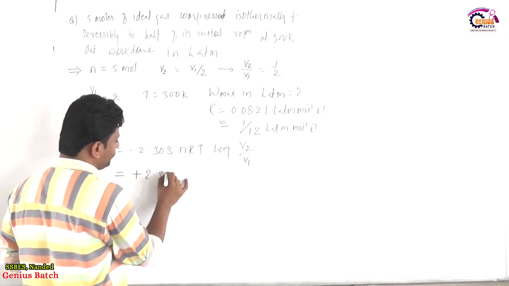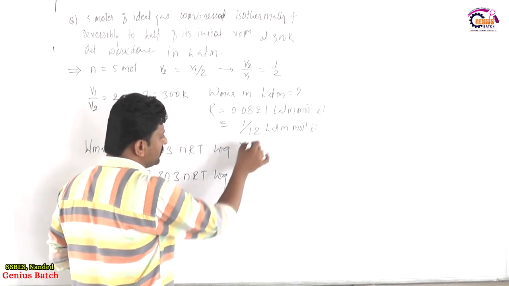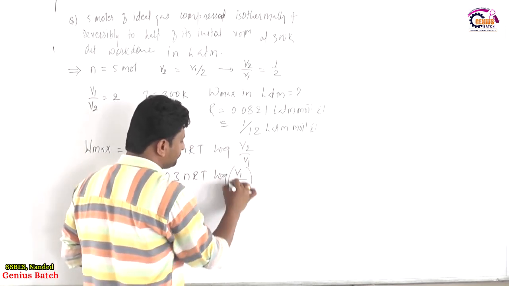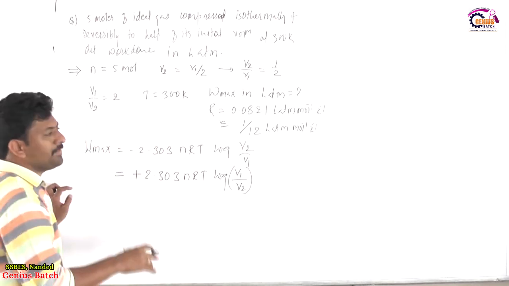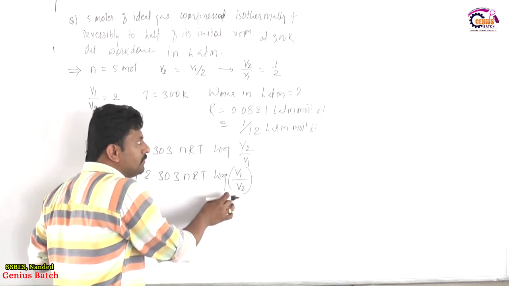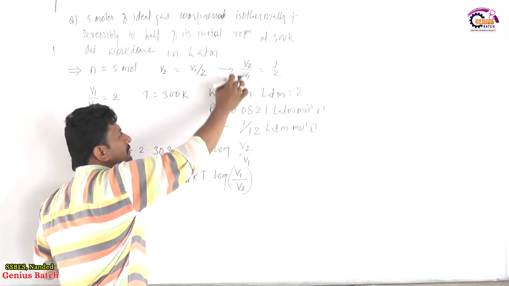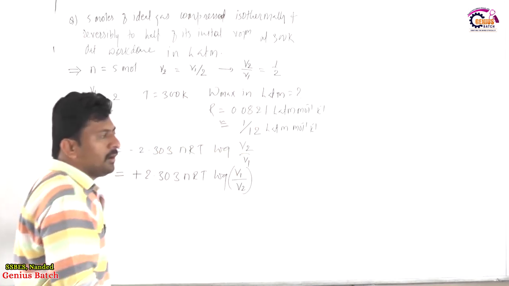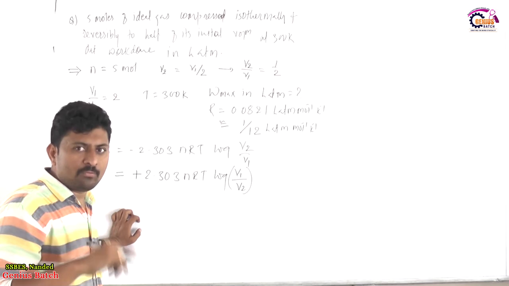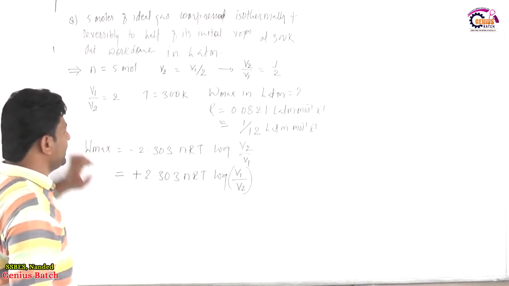Plus 2.303 nRT log of, now this V2 by V1 will become V1 by V2. Why we made this change? Because it is easy to find the log for V1 by V2, because V1 by V2 is equal to 2 and V2 by V1 is 0.5. Out of 0.5 and 2, it is easy to find the log of 2, not of 0.5. Clear? Therefore we made the change.